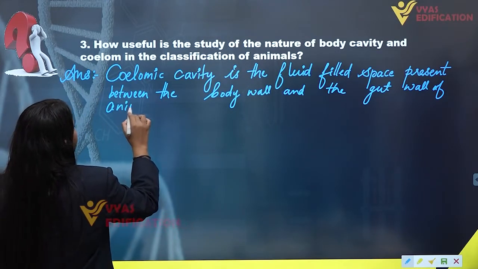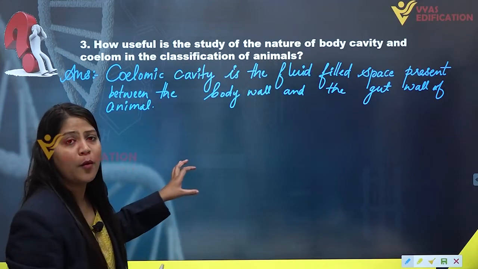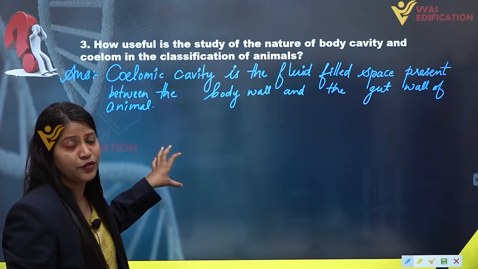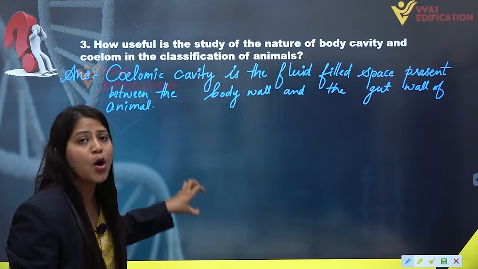So this is the simple definition of coelomic cavity. Now we have coelomic cavity as a fundamental feature which sets the basis of classification for all animals in the whole animal kingdom.